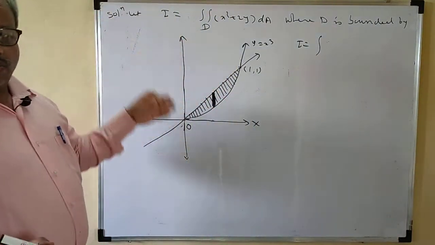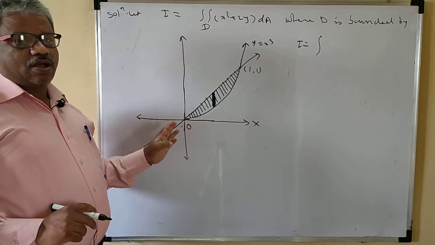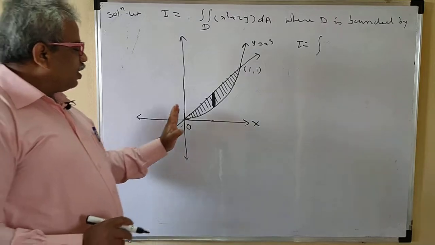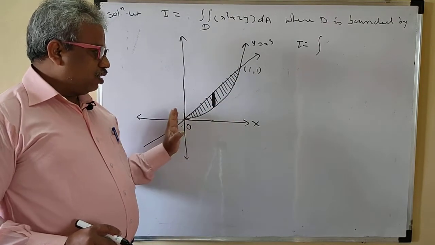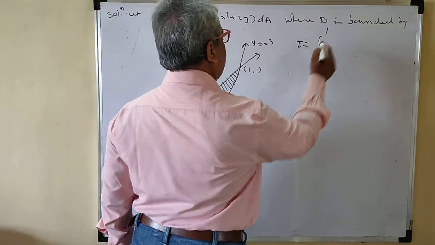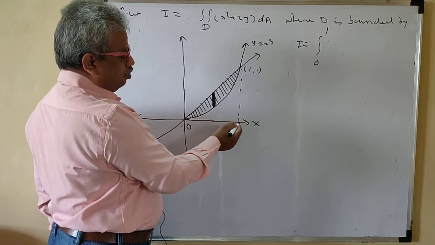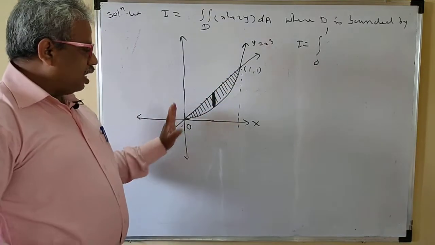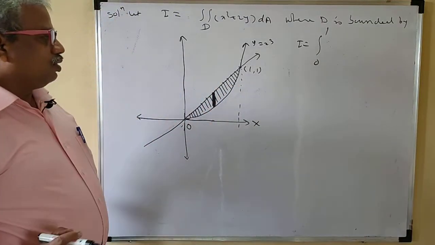Since the strip is parallel to the y-axis, first the limits of x, as a constant. Your x is from 0 to 1, because this point is 1, 1, and all your x lie between 0 and 1.